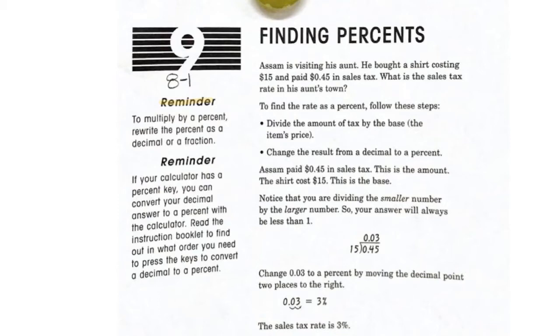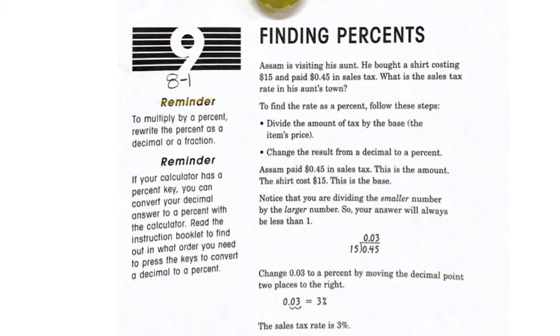Asim paid 45 cents in sales tax. This is the amount. The amount the shirt costs is $15. This is the base. Notice that you are dividing the smaller number by the larger number, so your answer will always be less than 1.